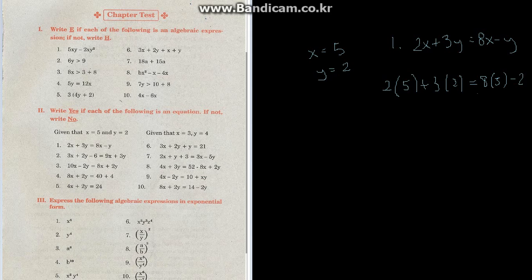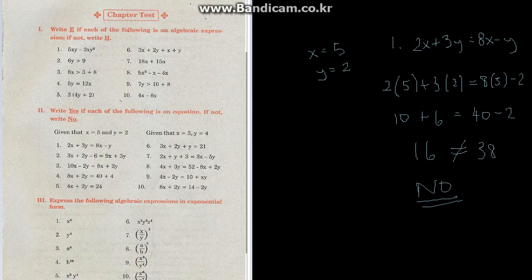And if you solve it, 2 times 5 is 10 plus 6, and 5 times 8 is 40 minus 2, and 10 plus 6 is 16. 40 minus 2 is 38, and are those two numbers equal to each other? They are not equal to each other, so it is not an equation. So no.